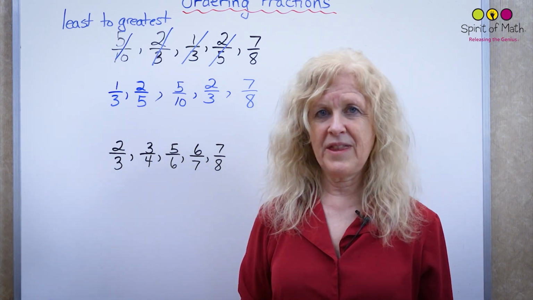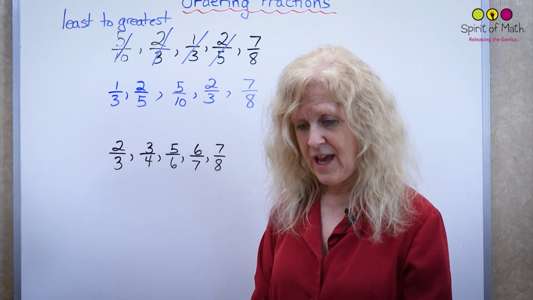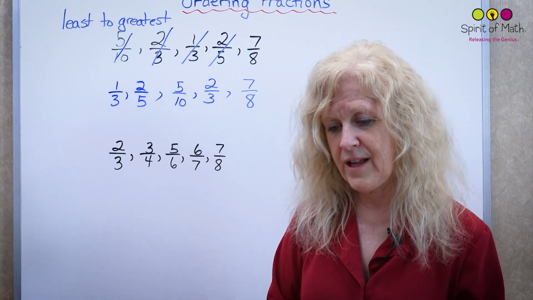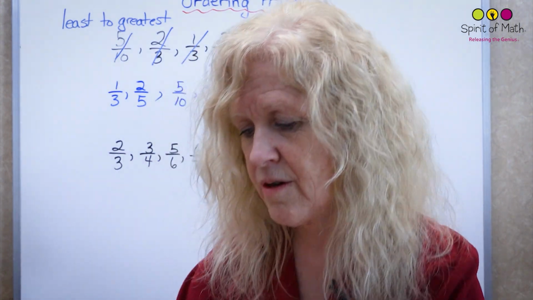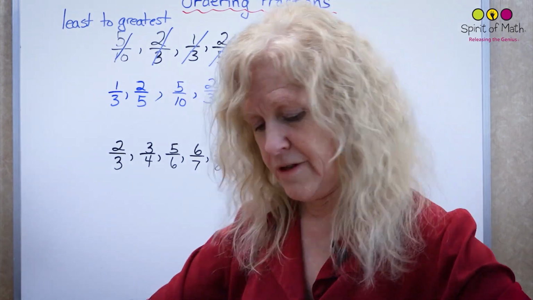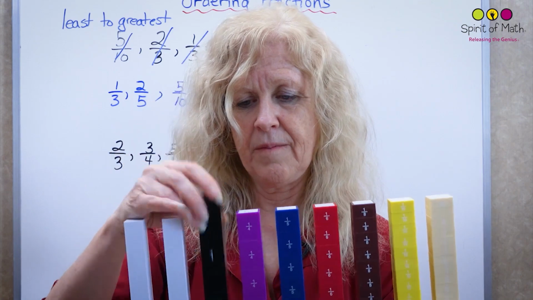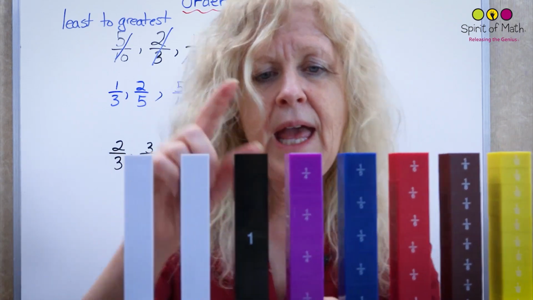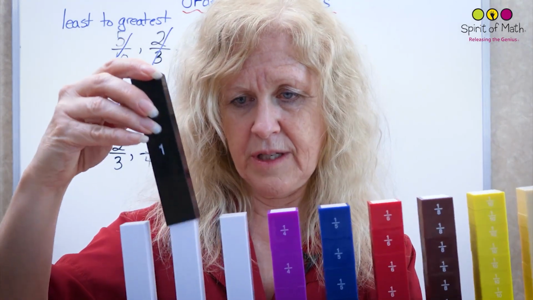Now, think about that for a minute, because if you have 2/3, I'm going to show you very quickly on here what would happen if you have 2/3 versus 3/4. So this is 1 right here, okay? And, oh, wait a minute, I'm going to put the 2/3 in here.